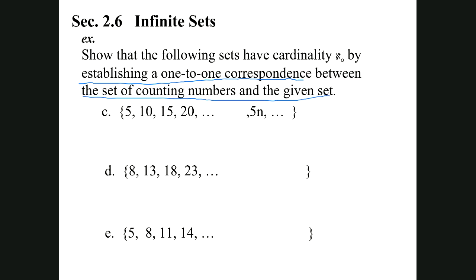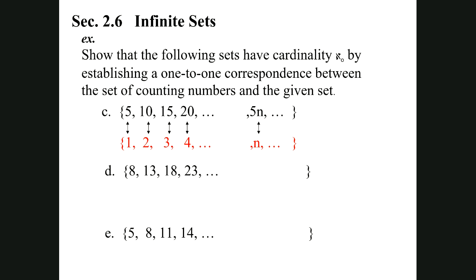So we have our counting numbers, 1, 2, 3, 4, all the way on, continuing on. First term is 1, second term is 2, third term is 3, fourth term is 4, fifth term is 5, sixth term is 6, nth term is going to be n. And we just create that one-to-one correspondence, and we're done.